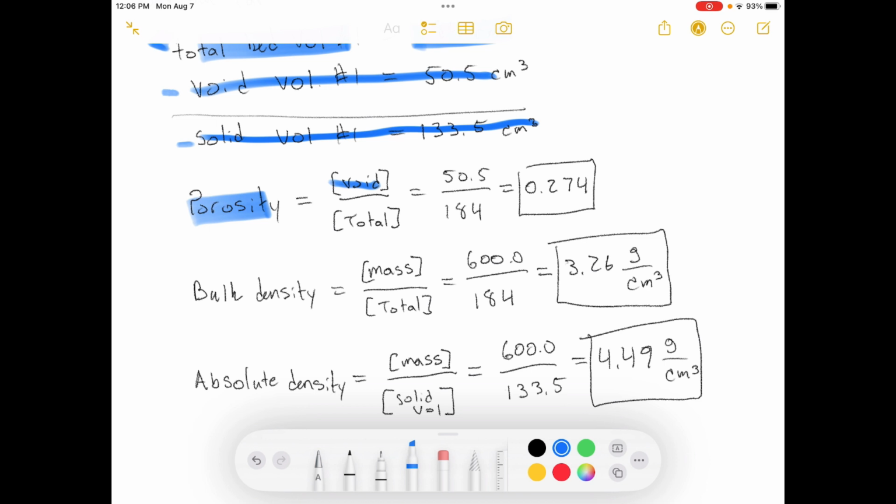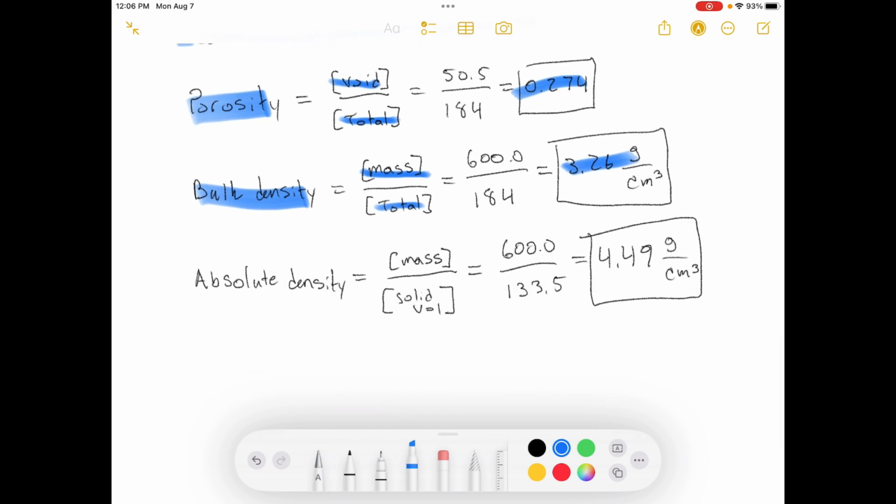Porosity is void over total. There you go, that's the porosity. Bulk density, they gave that to us in the problem statement. The mass over the total volume. That's the bulk density. What's the absolute density of the solid? It's the mass of the solid divided by the solid volume. There you go. And that is it for problem number 5.2.